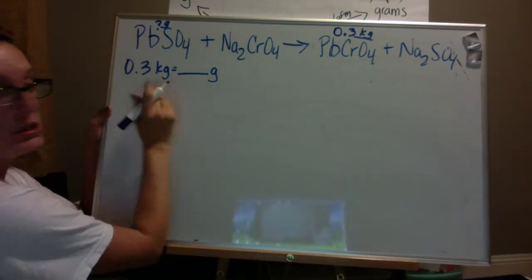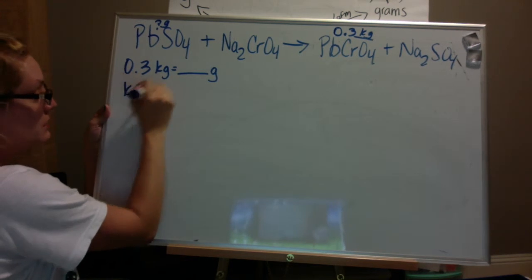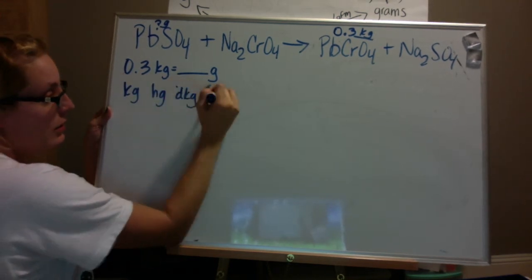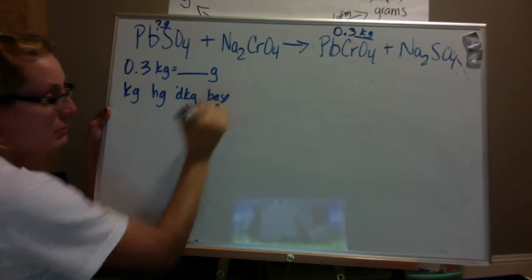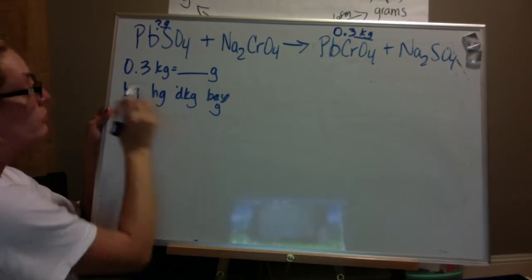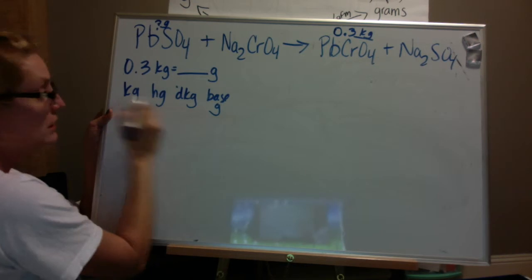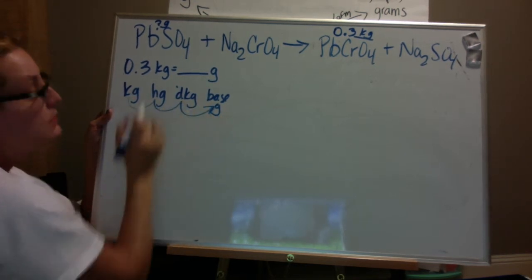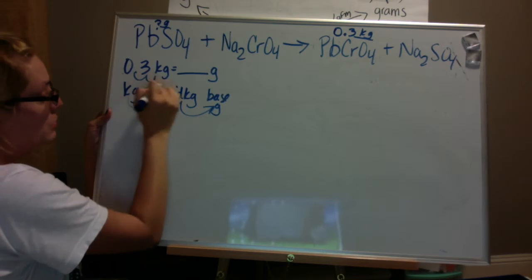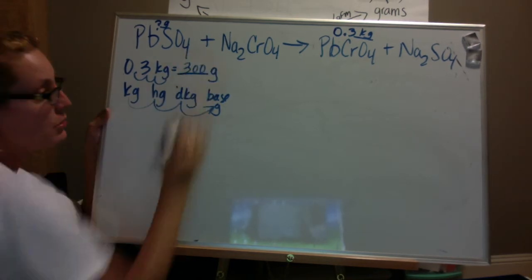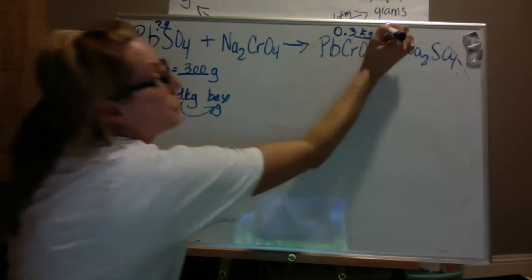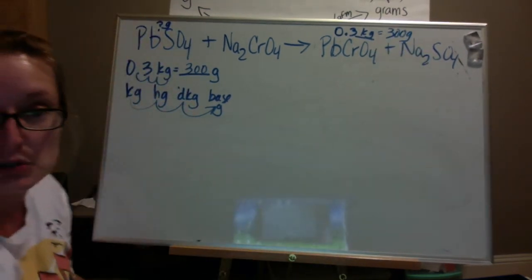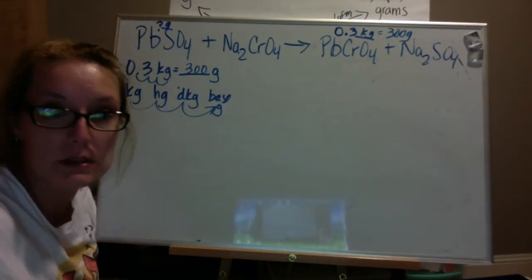So this is a 3-stepper. Here's kilograms, hectograms, decagrams, base unit where grams is. So if I'm going from kilo to grams, that's 1, 2, 3 steps to the right. So I'm going to move my decimal 1, 2, 3, and that'll give me 300 grams. So 300 grams is my true mass that I'm starting with. You want that number in grams, okay?